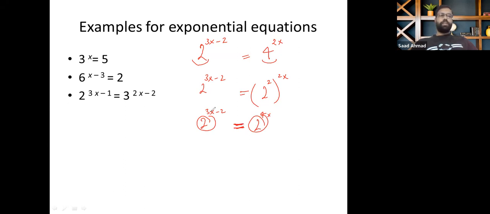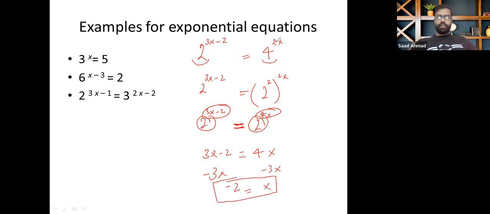So if two things are equal with the same base, then the exponents must also be equal. So 3x minus 2 should be equal to 4x. Now we combine the like terms. We subtract the 3x on both sides. So we get minus 2 equals x. So x equals -2. That's the solution for this one.